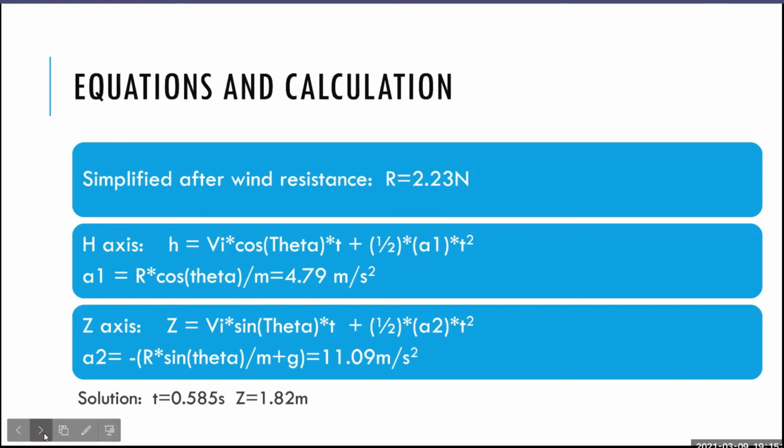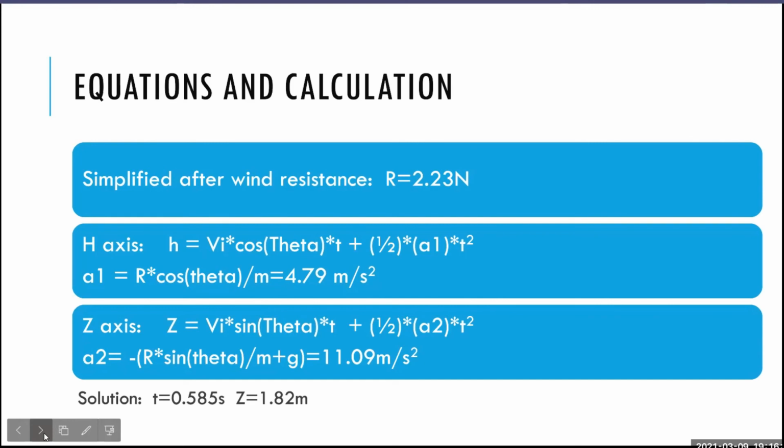Okay. So now that we have the simplified equations of motion for the z-axis and the h-axis, we already know from the first question that the distance the ball travels along the h-axis is the displacement distance. We know h equals the square root of x squared plus y squared, which equals the square root of 117.